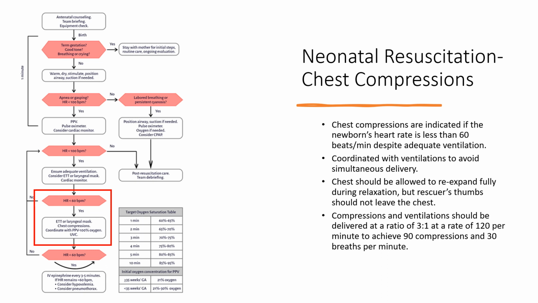If heart rate drops less than 60, then we will start chest compressions, tube the kiddo, get 100% O2, and UVC. UVC is umbilical vein catheterization, so it's an IV through there. I'll talk about it and ways that we can use that. We don't really have the equipment to do a true one. We can go over that, but we'll talk about that in class some.